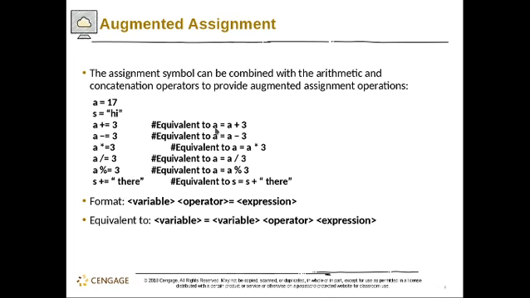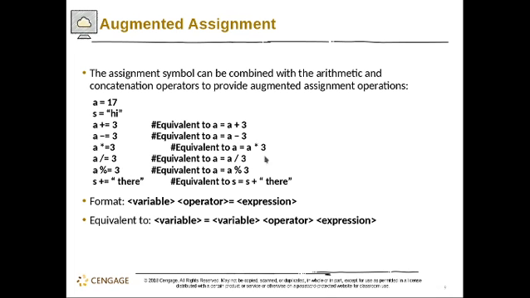So instead of writing this pretty longish expression, we can just use augmented expressions. So basically, instead of writing a is equal to a plus 3, you'll just say a plus equals 3. And then the same goes for counting down: a minus equals 3.